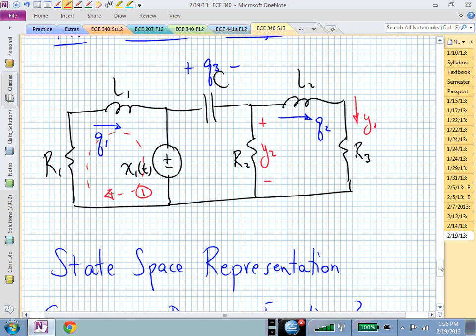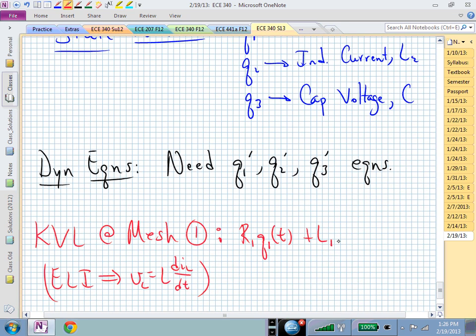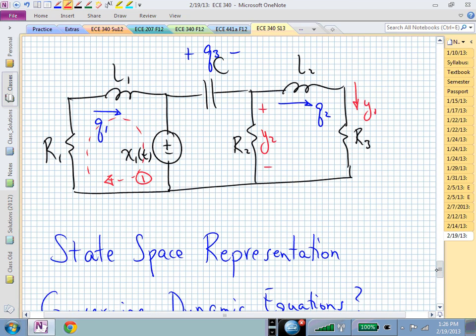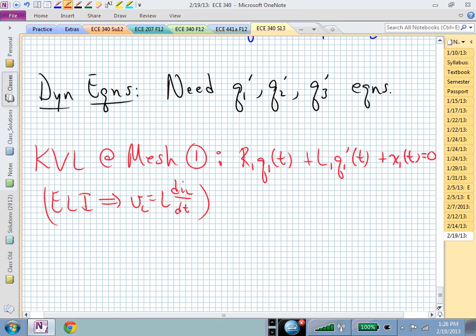Then I have a drop from left to right across that inductor as L sub 1, Q sub 1 prime. And then I simply go down across that source, and I'm entering the positive terminal. I now have a plus X sub 1 of t. And I'm back where I started.